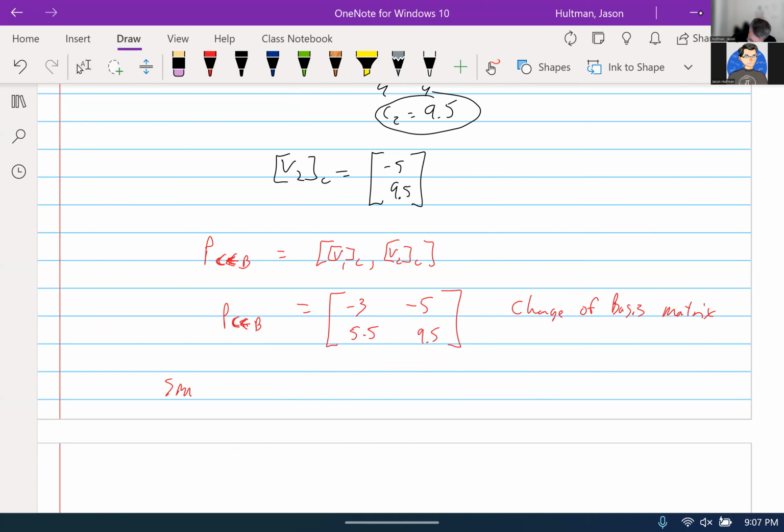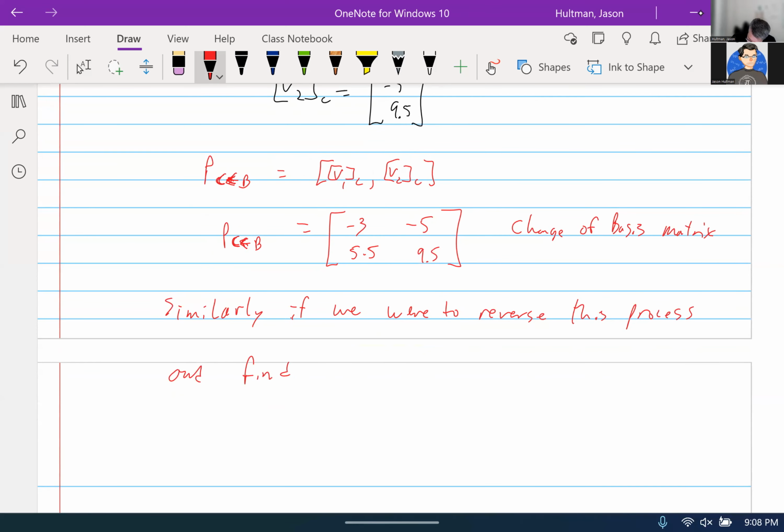Similarly, I cannot write today. If we were to reverse this process, say that we wanted C in terms of B, and find P of C in terms of B, then this would be equal to -9.5, -5, 5.5, and 3.